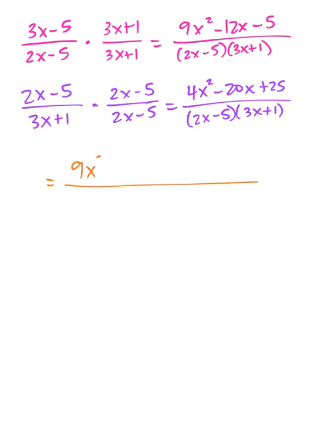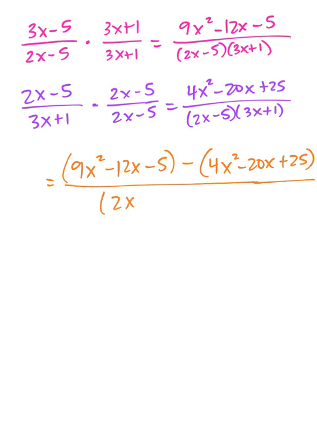So 9x squared minus 12x minus 5. And that is then subtracting 4x squared minus 20x plus 25, which is all over my common denominator. I'm going to distribute this negative.